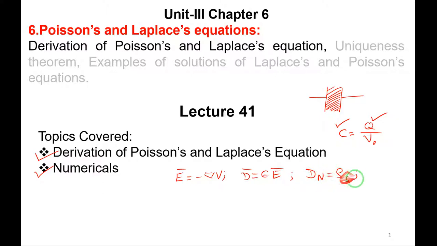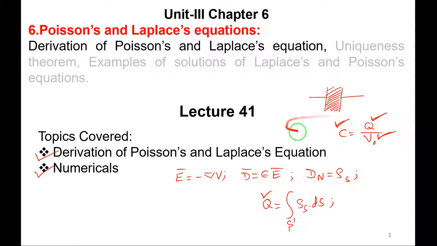Once rho S is known, I will know the charge distribution. How to calculate Q? Q is equal to the closed surface integral of rho S ds. Once the charge distribution is known, and we know the potential across each of the plates, we can calculate the potential difference. So we have calculated the charge distribution and the potential difference, and thus we can calculate the capacitance.